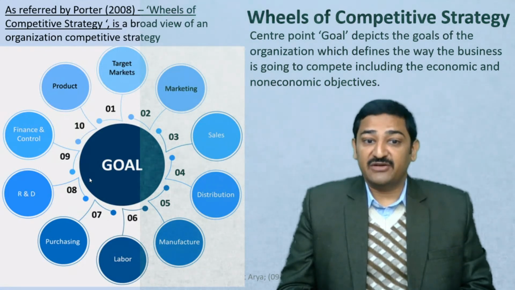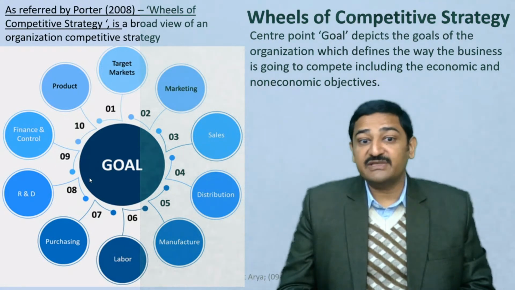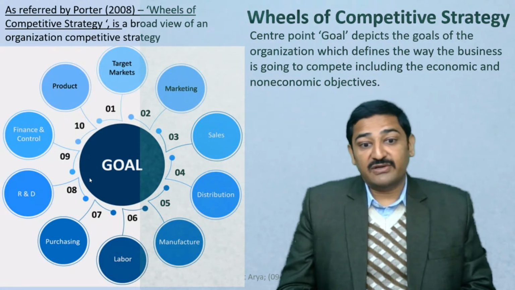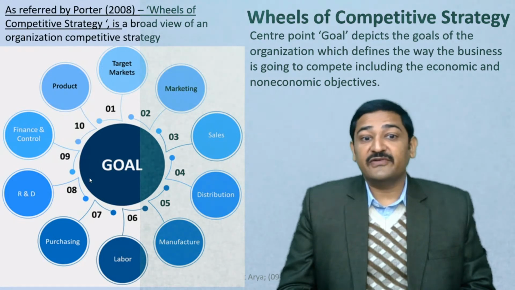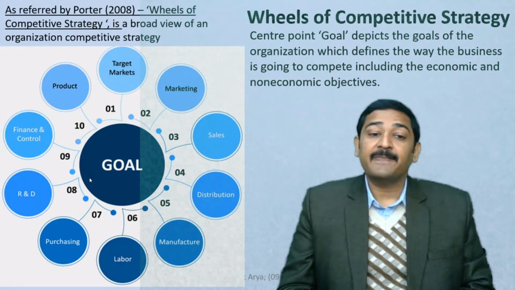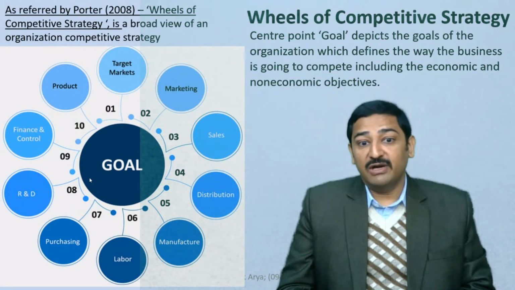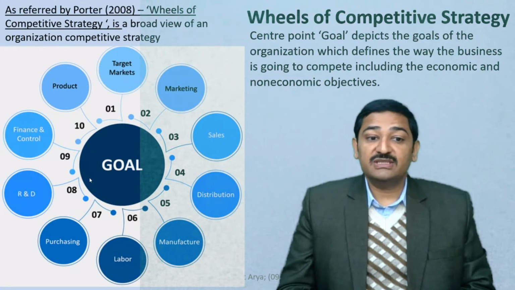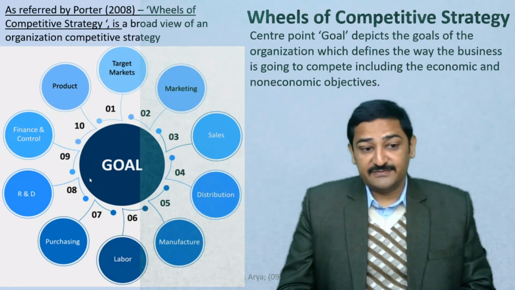Apart from that, the manufacturing practices, maybe what kind of techniques are being considered here, and the labor, the workforce we are talking about, which is again aligned with the goals.